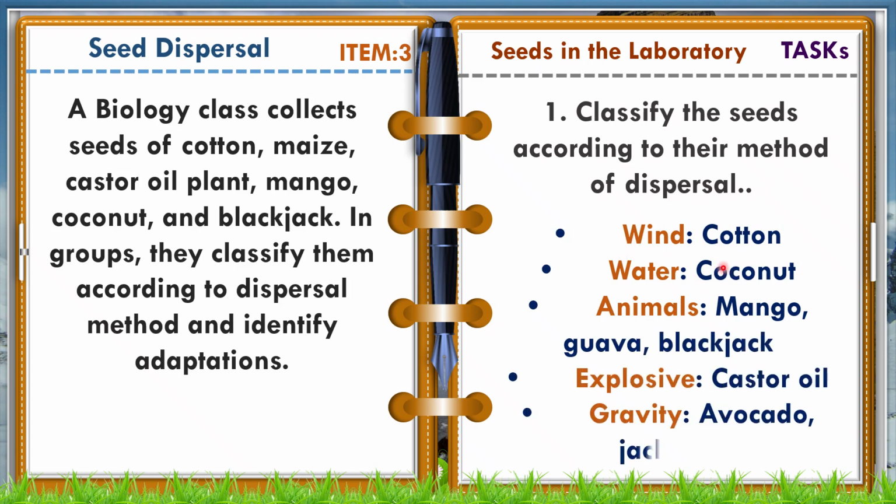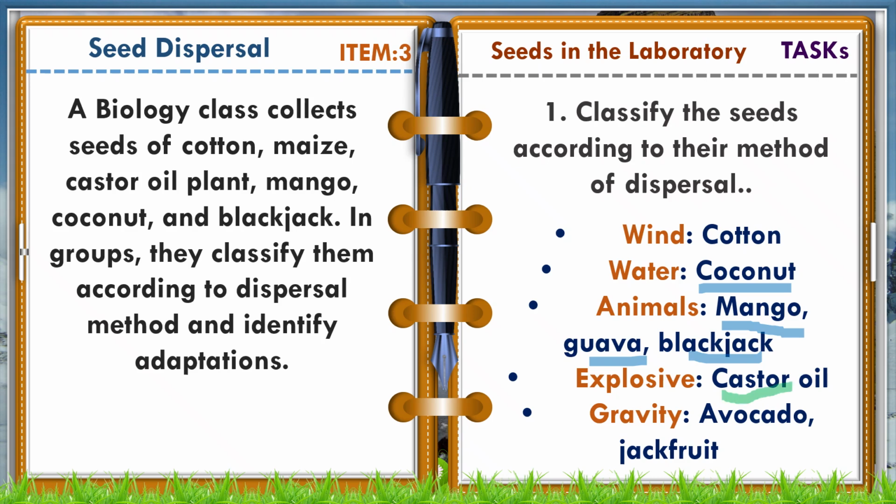Wind. Cotton is dispersed by wind. We have coconut. This one is dispersed by water. The mango, guavas, and blackjack, they are dispersed by animals.